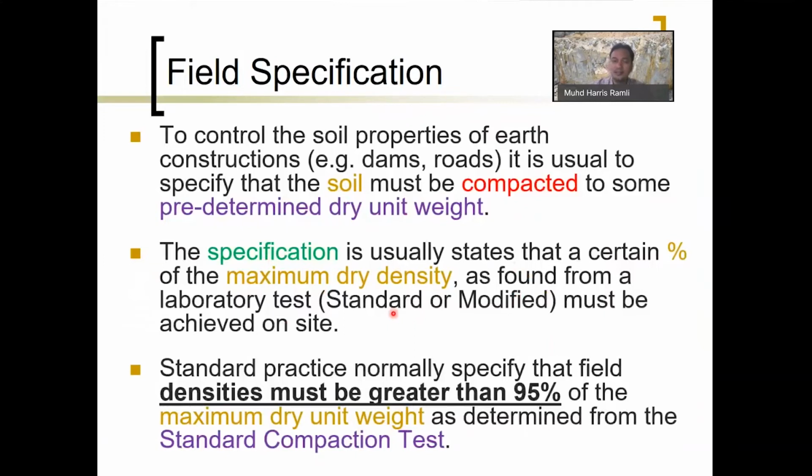If you say 95% standard or 95% modified, please make sure you understand which sort of test it is referring to, and this must be achieved on site. Standard practice normally specifies that field density must be greater than 95% of the maximum dry unit weight as determined from the standard compaction test.